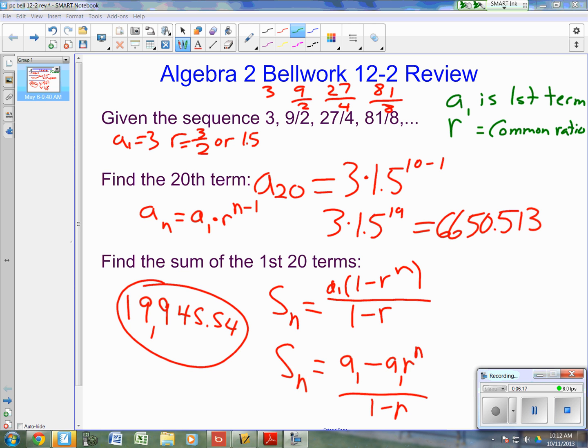By the way, what makes a geometric sequence a geometric sequence? Write this question down. What makes a geometric sequence a geometric sequence?